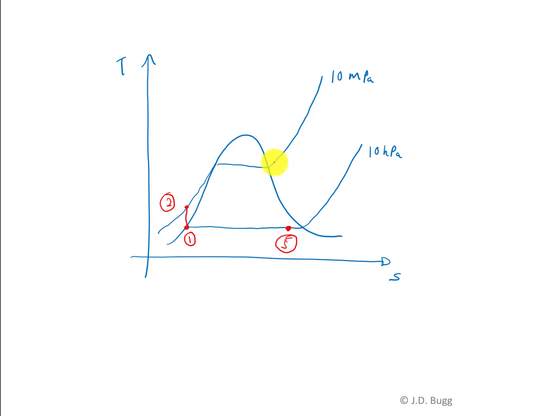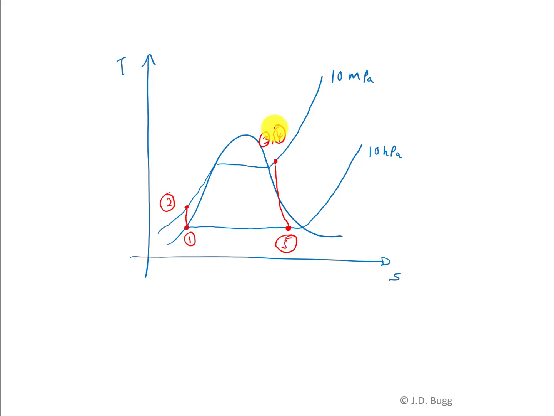So I'm going to say that our inlet condition is there somewhere. That point there is point 3, but it's also point 4. Before the throttling valve adjustment, points 3 and 4 are in the same place because the throttling valve is completely open, so the properties in front of it and after it are the same.